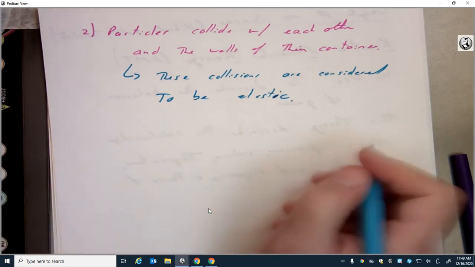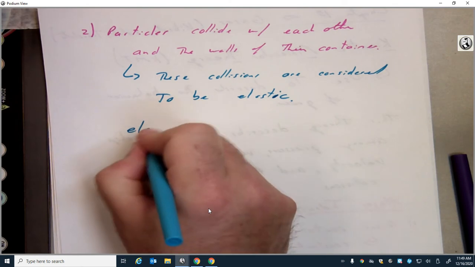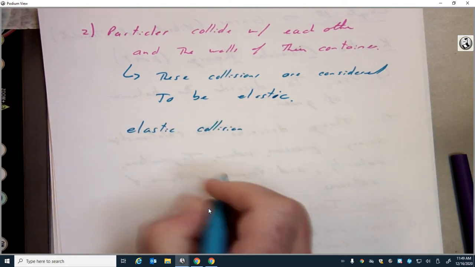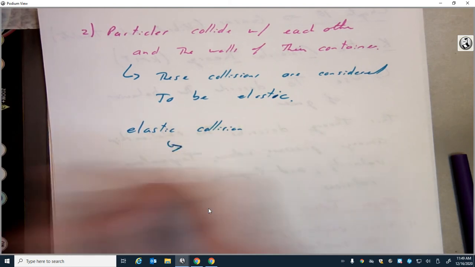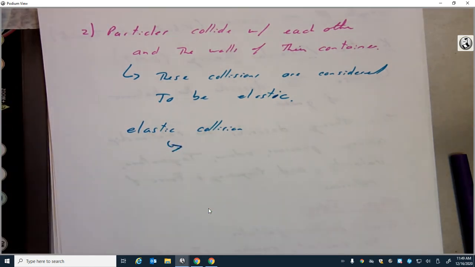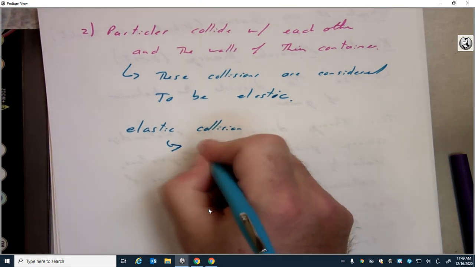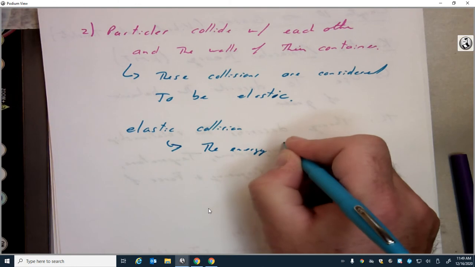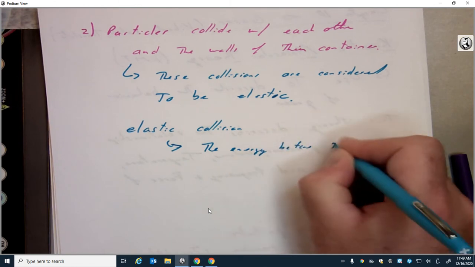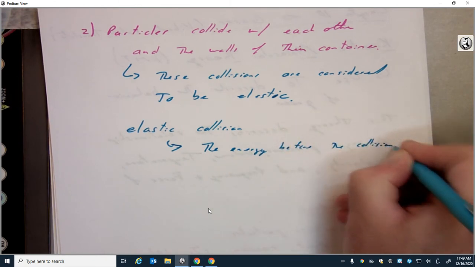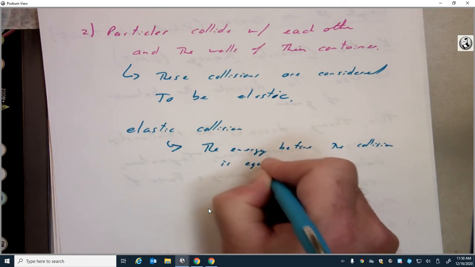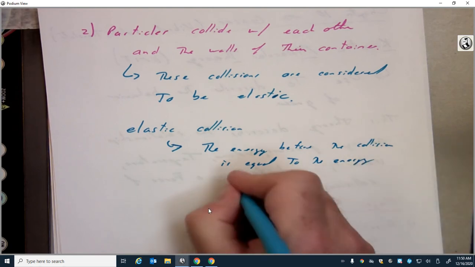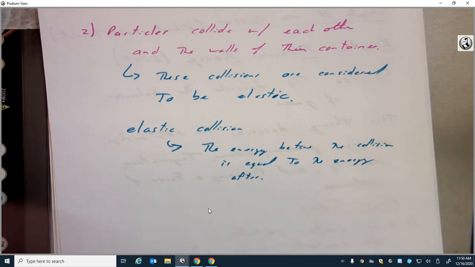Now, what is an elastic collision? What does that mean? It means the energy before the collision is equal to the energy after. So no energy is lost.